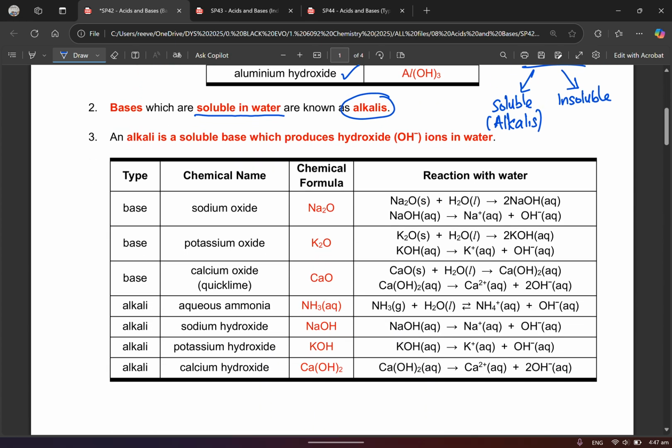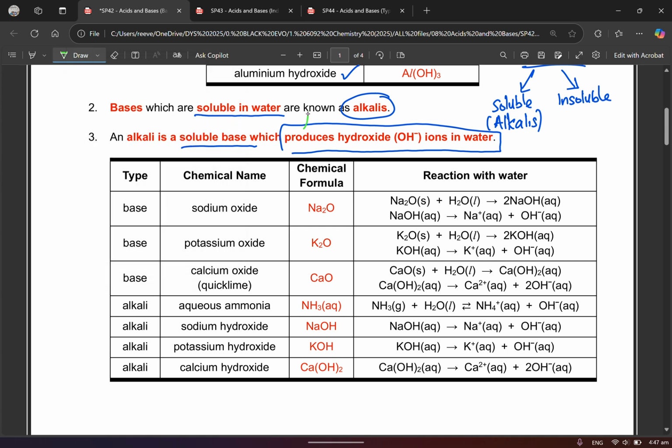So what are the alkalis that I have? An alkali is a soluble base which produces hydroxide ions in water. This is a super important definition. Why? Because of this ion, OH minus. Over here, I have various base alkalis.